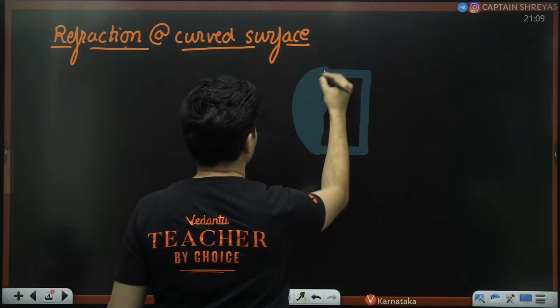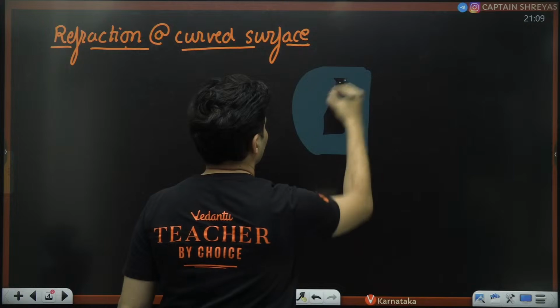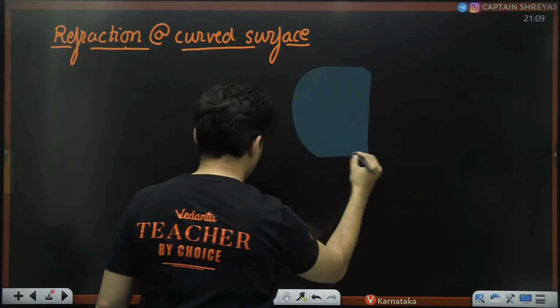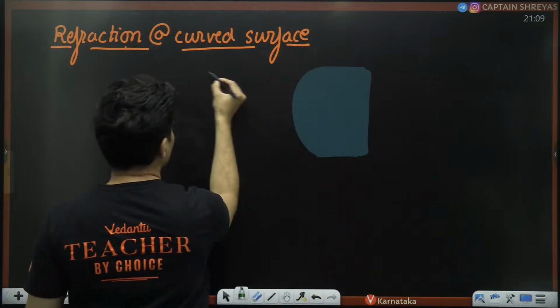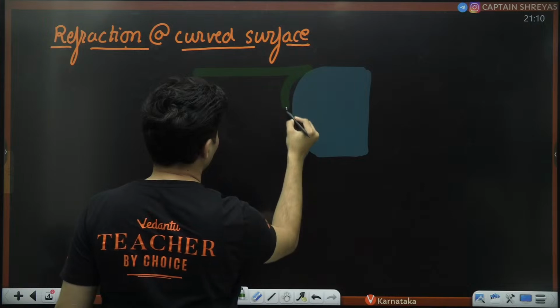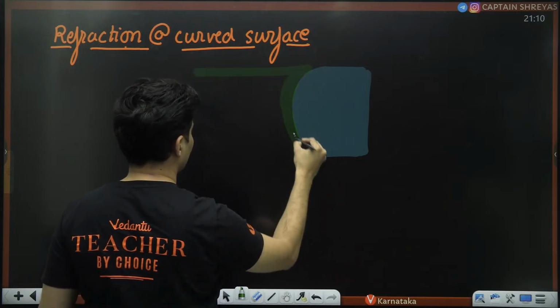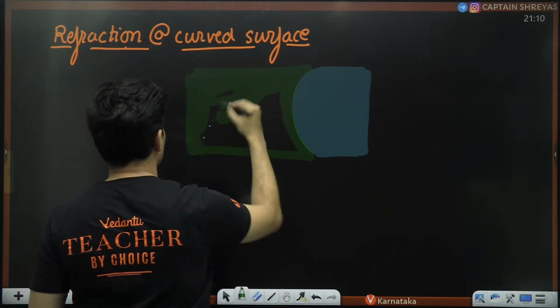This is curved in this particular manner, like this. Maybe the surface on this side is made of different material. Maybe this is one medium, this is another medium.